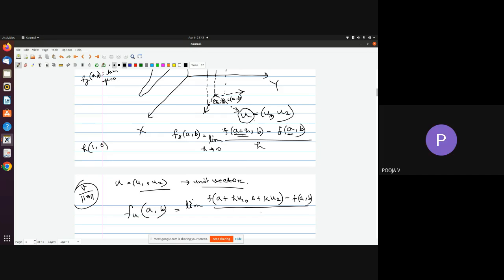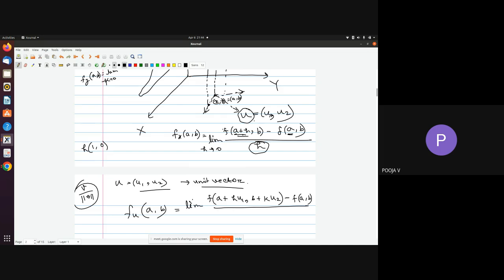How should we write that? What do we want to write here? Limit as h tends to 0.